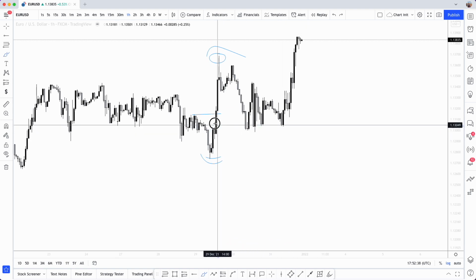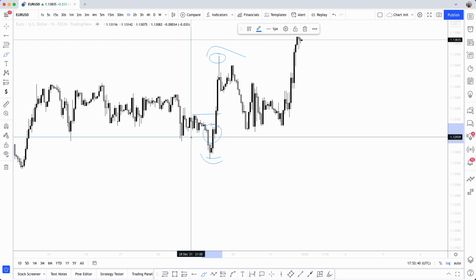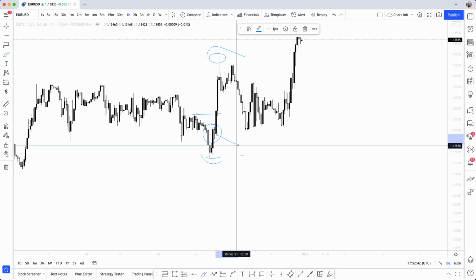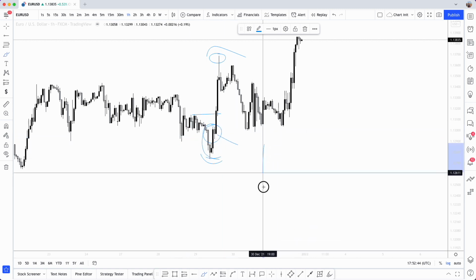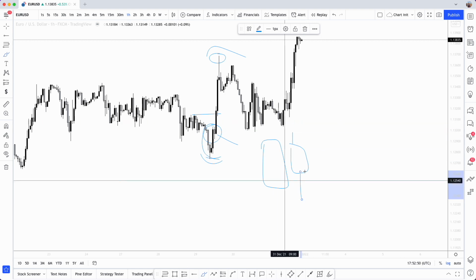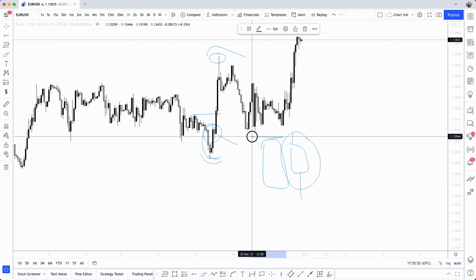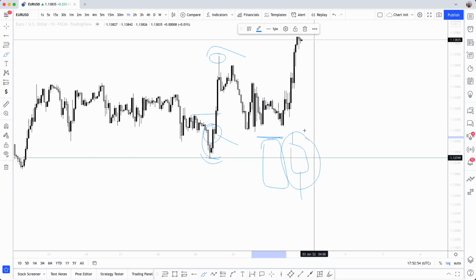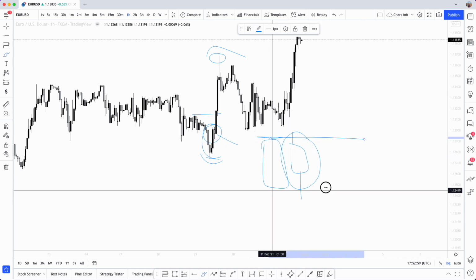Now how do we know that this is a lower time frame range? How do we know that? Because when you get a candle like this and the next candle is within it, including when the next candle body is within the previous candle, forget about the wicks for now, we know that price is trading within a range.